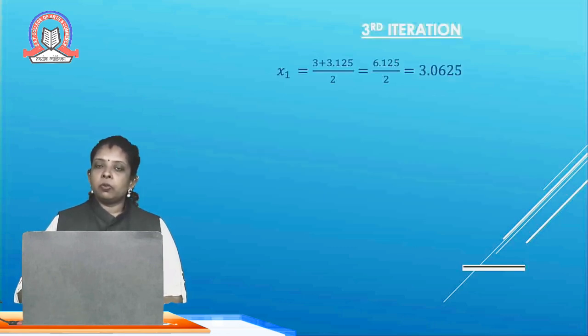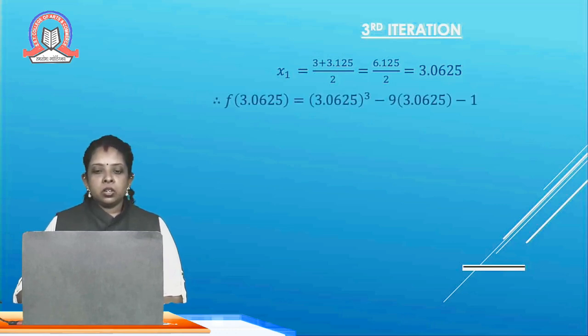In the third iteration, we find the midpoint of 3 and 3.125, that is 3.0625. Here we need not do the entire calculation, but only find the function value.